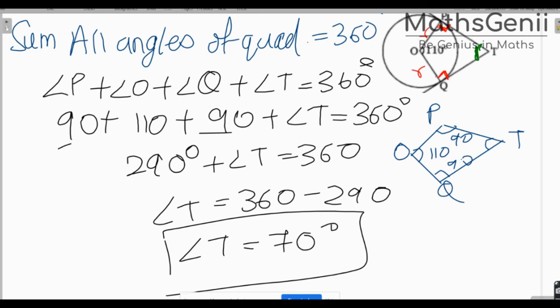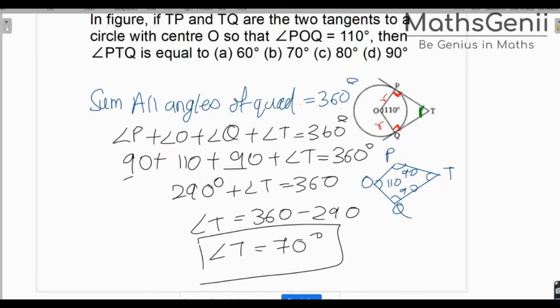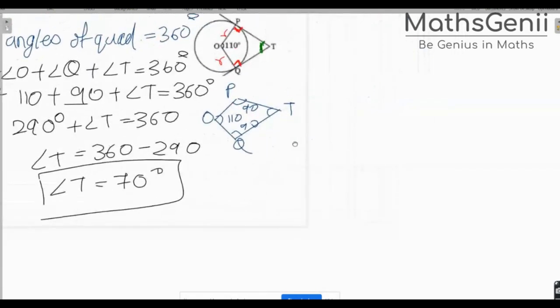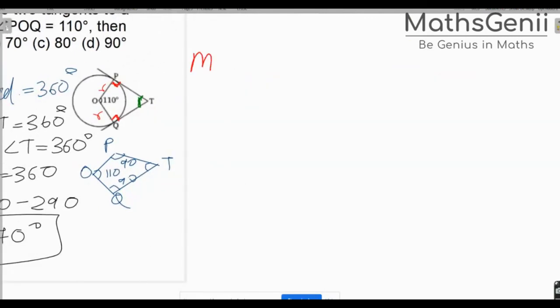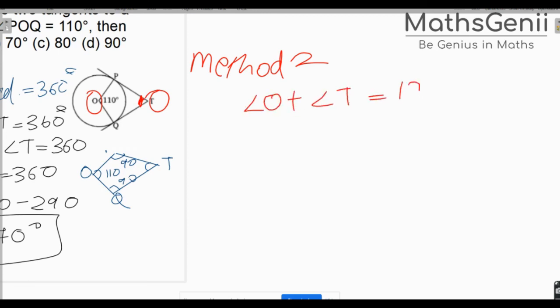There is one more method of solving, as we did for supplementary angles. This is method 1. Method 2 is maybe simpler. What does method 2 say? Opposite to O is T. So angle O plus angle T should give you how much? 180 degrees.